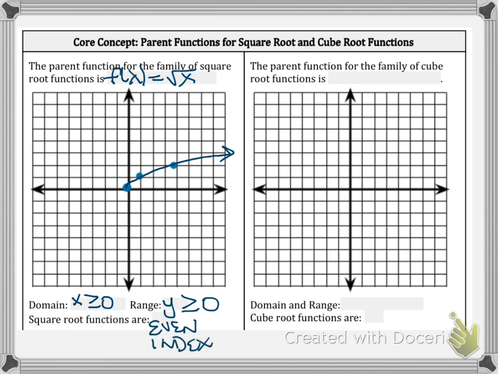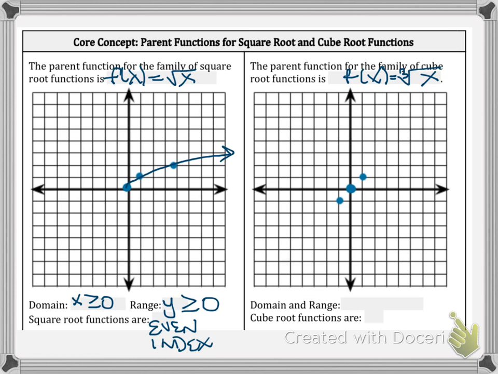Now the parent function for the family of cube root functions is f of x equals cube root of x. So let's plug in numbers. If you plug in 0, the cube root of 0 is 0. If you plug in positive 1, you get positive 1. You plug in negative 1, you do get a negative 1. You're allowed to get that.